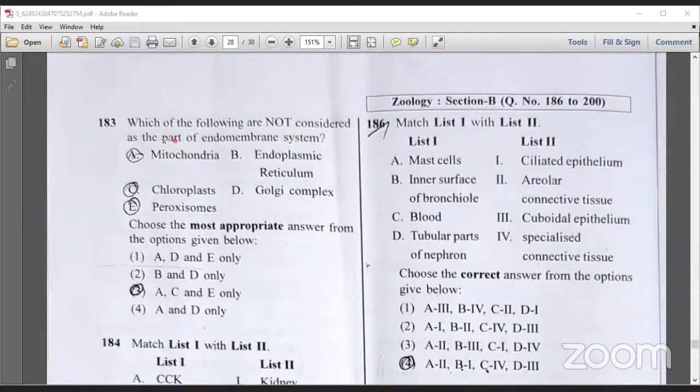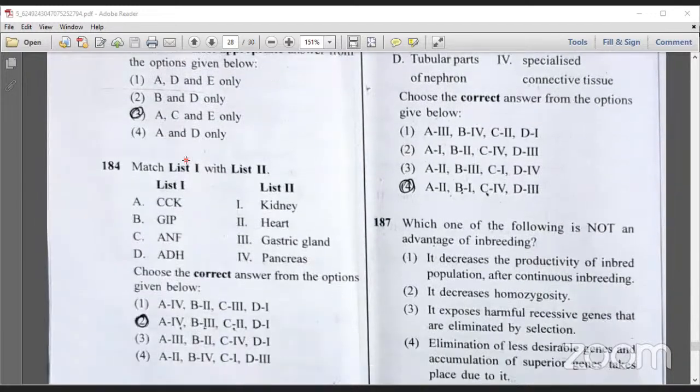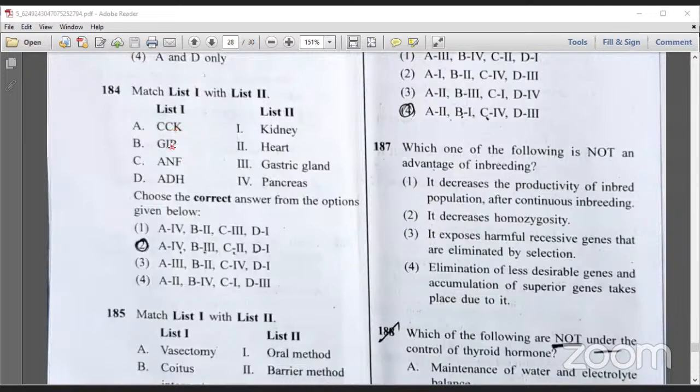And 183, which of the following is not the endomembrane system? We know GER, Golgi complex, endoplasmic reticulum, lysosomes and vacuoles will fall into that. Mitochondria, chloroplast, peroxisome won't fall into the endomembrane system. And 184, we are supposed to match the hormones with the organs.